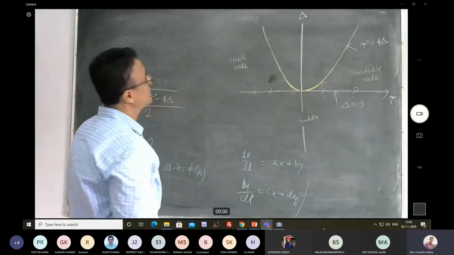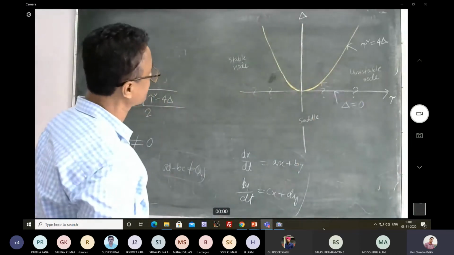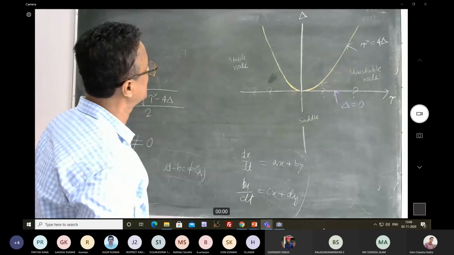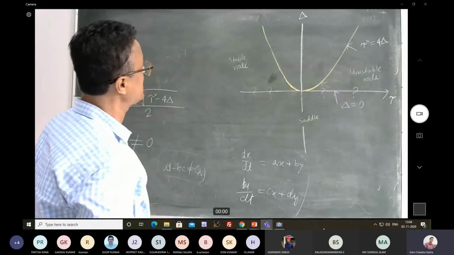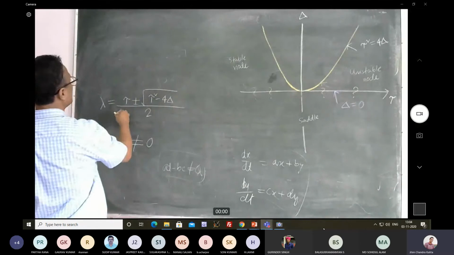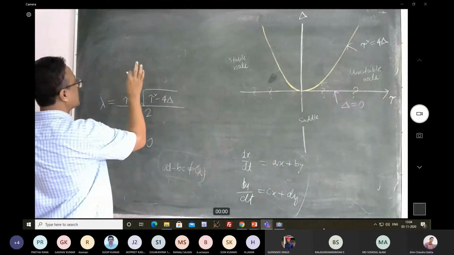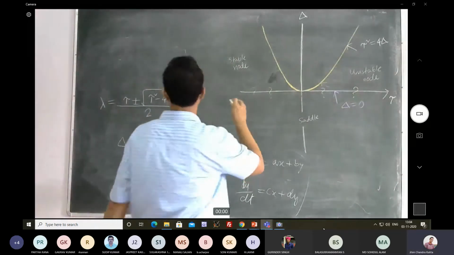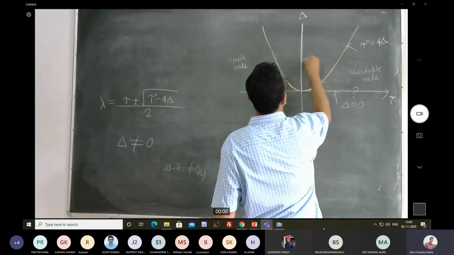Your positive delta line where tau is equal to 0. When tau is equal to 0 and tau square minus 4 delta is less than 0, then what happens? Obviously, here tau is equal to 0.